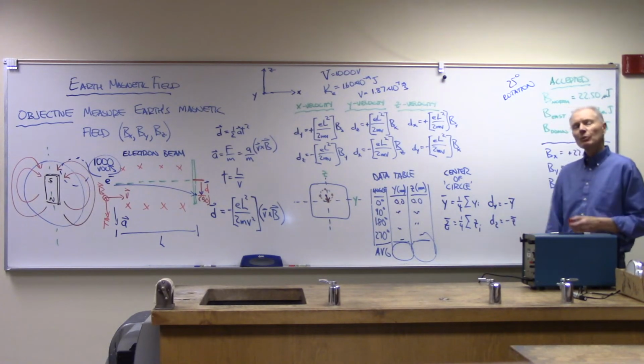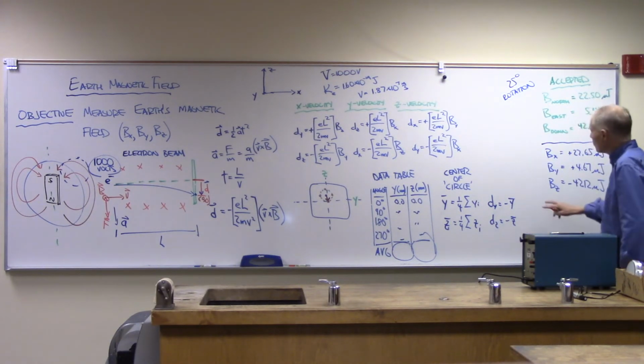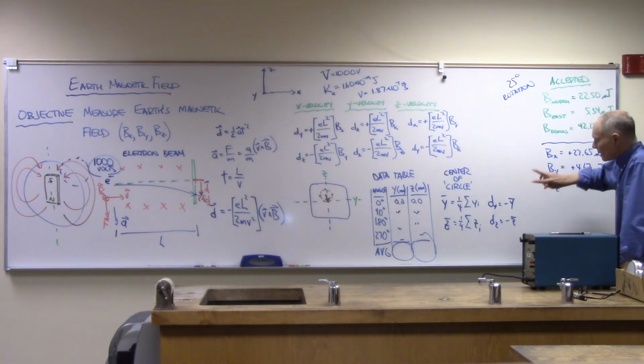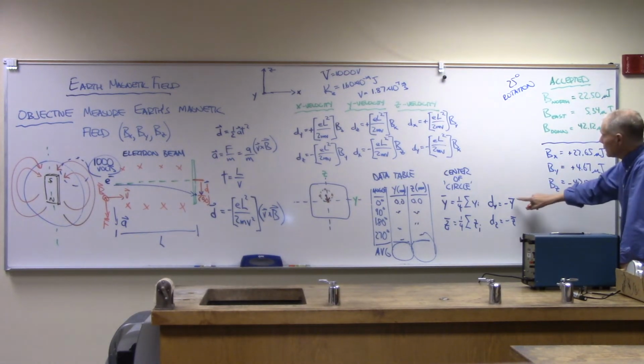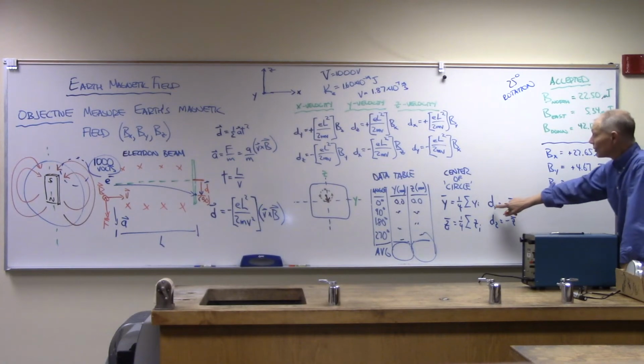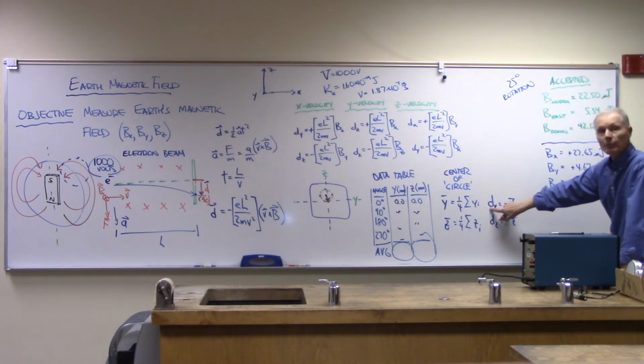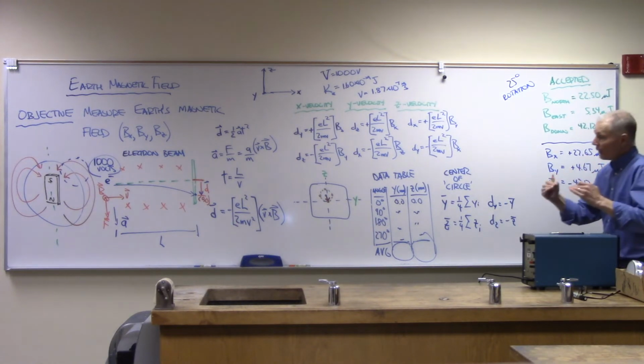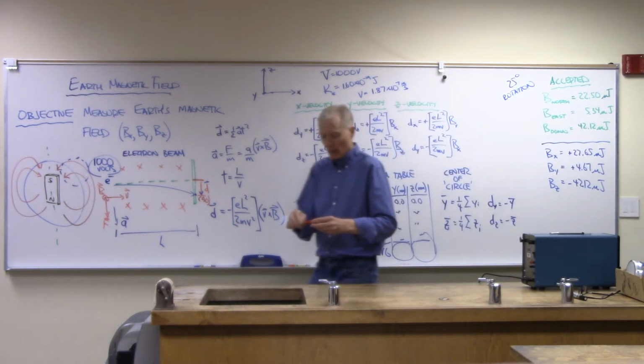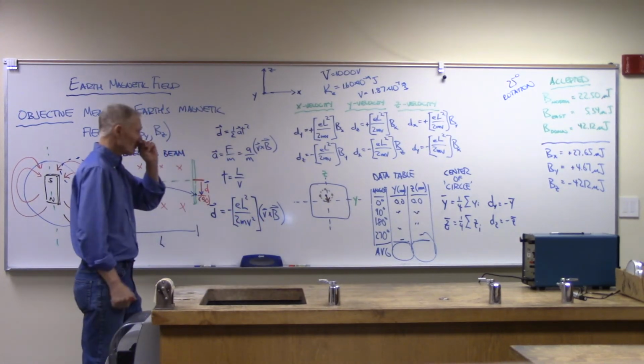So there's any possible combination of signs. But what happens in this last step is the signs reverse. If y average is positive, dy is going to be negative. And if it is negative, dy is positive. So that's one set of signs that you've got to keep track of in your calculations.